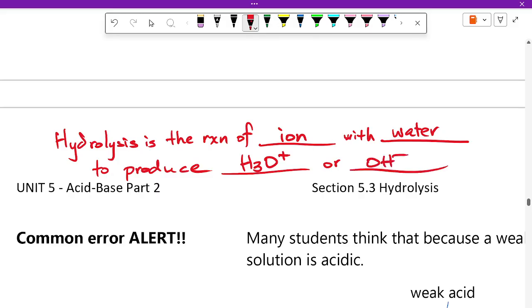Generally, when I'm defining it, I would say an acidic or basic solution, but this is actually really nice because you're like, ah, that's what I'm looking for. I'm looking for the hydronium or the hydroxide. You should know that definition.